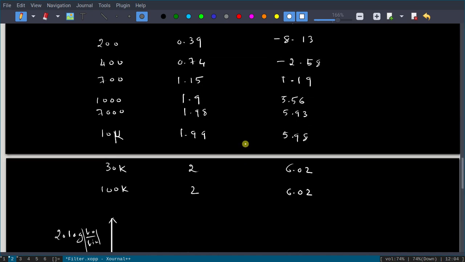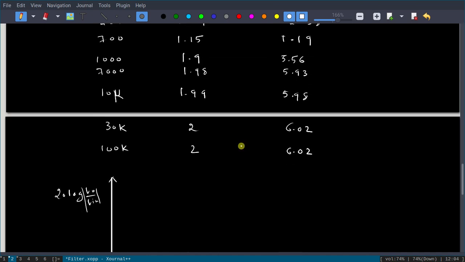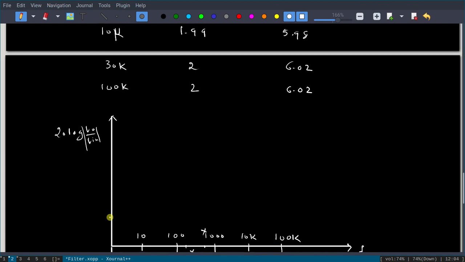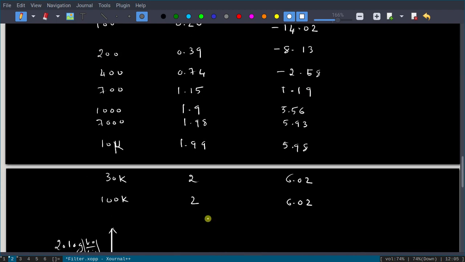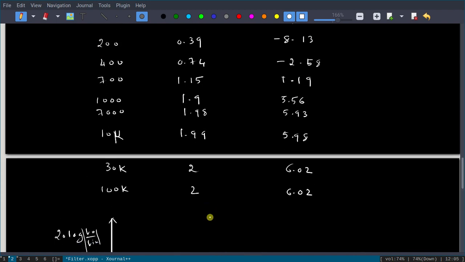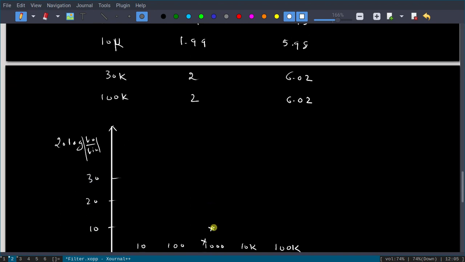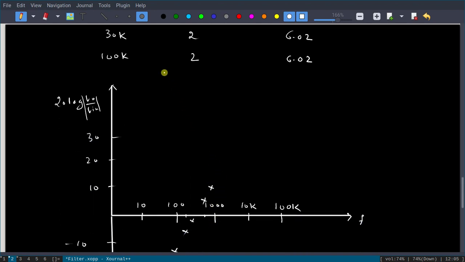At 1k you are getting 5.56. So let me write, this is 10, this is 20, this is 30 dB, and at 1k you are getting a gain of 5.56. So 5.56 means not here.